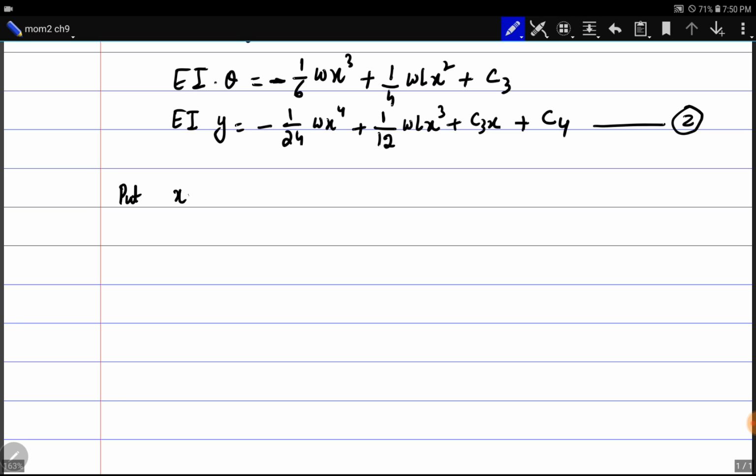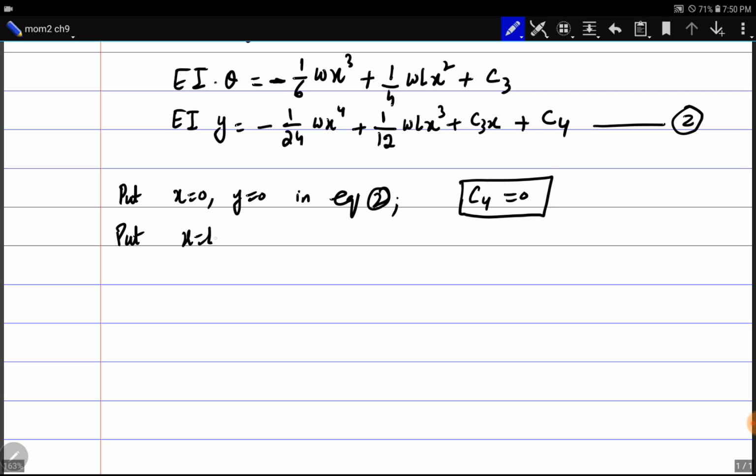Put x equal to 0 and y equal to 0 in equation number 2, we get C4 equal to 0. You can do the calculations part by yourself. Again, put x equal to L and y equal to 0 in equation 2, we get C3 equal to minus 1 over 24 WL cube.